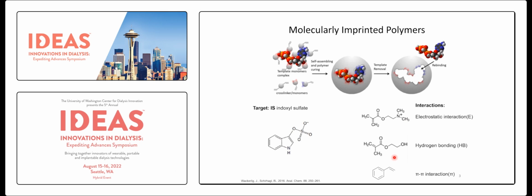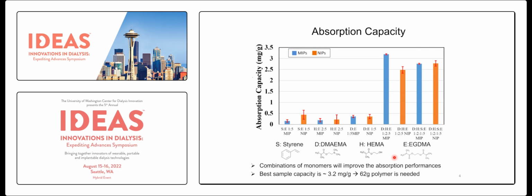With these design principles, we synthesized a bunch of polymers. The first experiment we did was to test the capacity of those polymers, to see how much indoxyl sulfate the polymers were able to absorb from the environment.